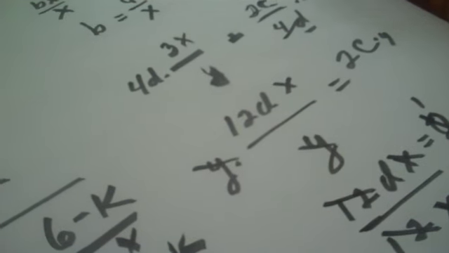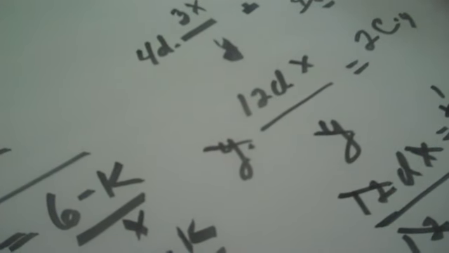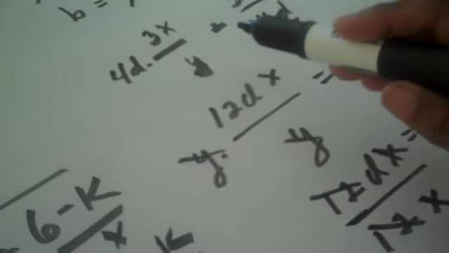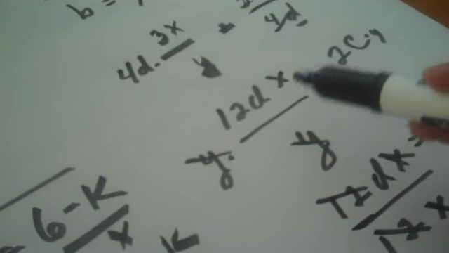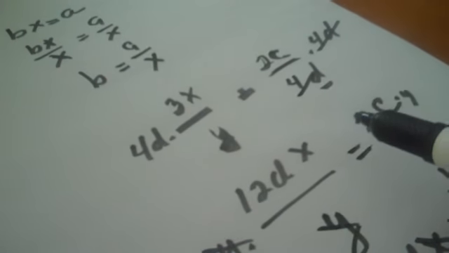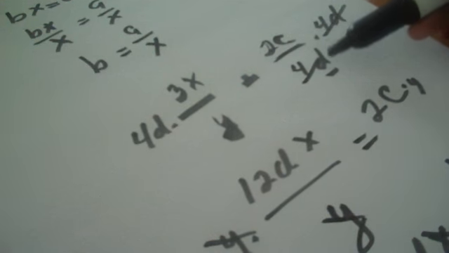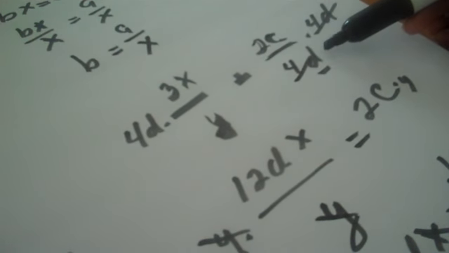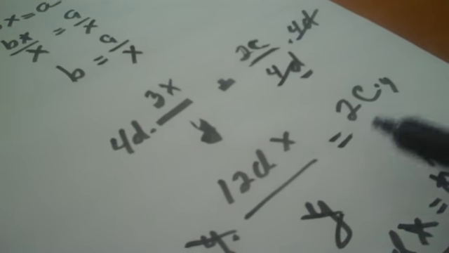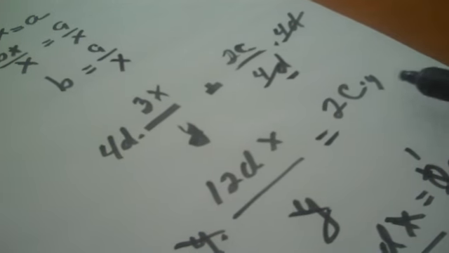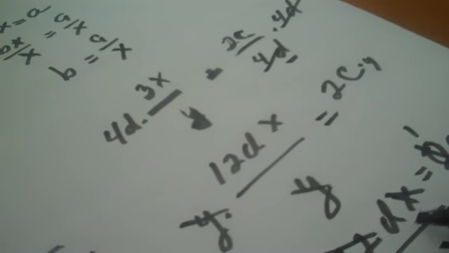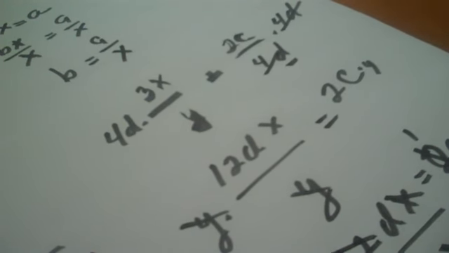So if we go back up to the top of this, we started with 3x over y equal to 2c over 4d, and we said we needed the d in the numerator, so we multiplied both sides by 4d because the d is in the denominator over here, and that gave us 12dx equal to 2c. And then we needed to get rid of this y, so we multiplied both sides of the equation by y, and that left us with 12dx equal to 2cy.